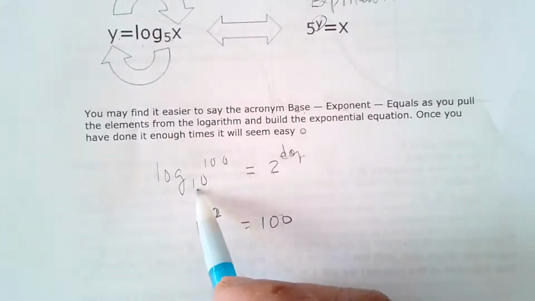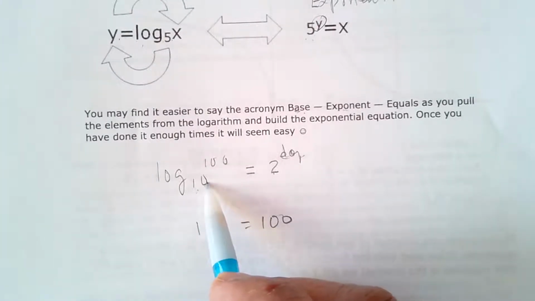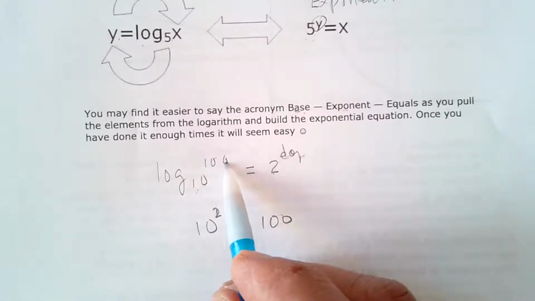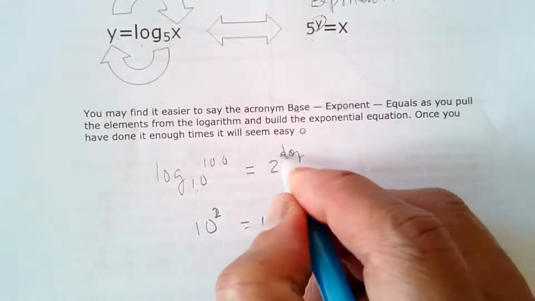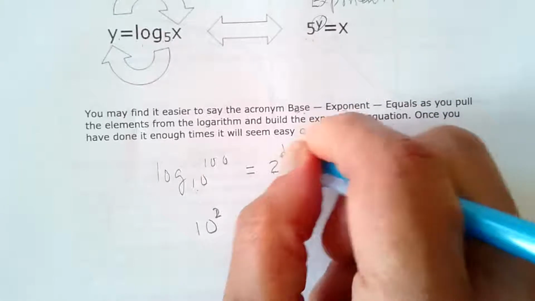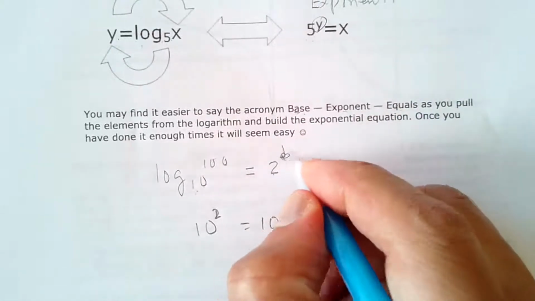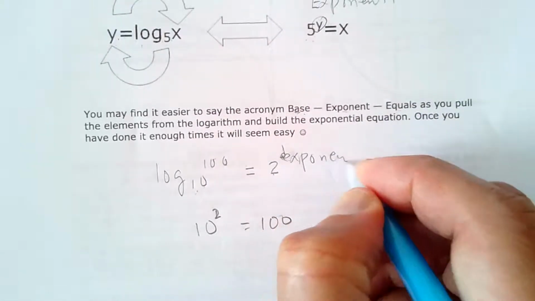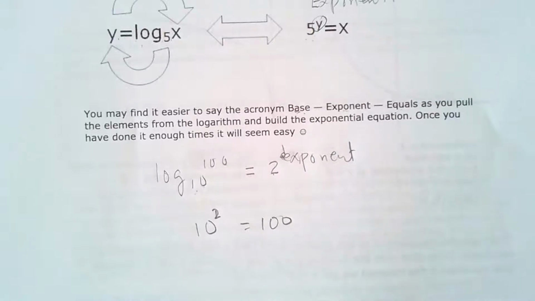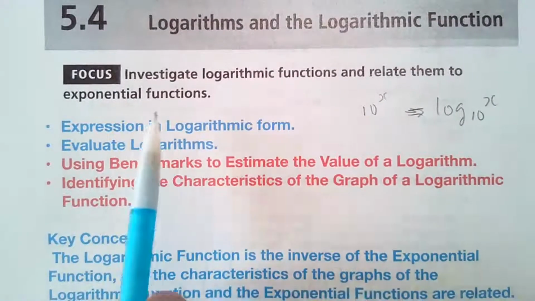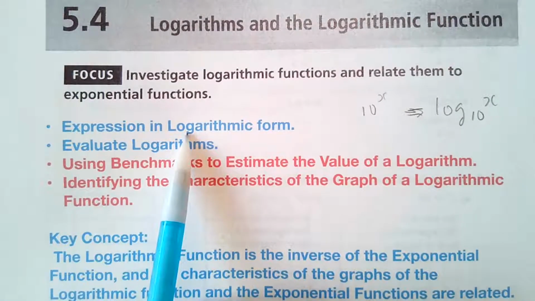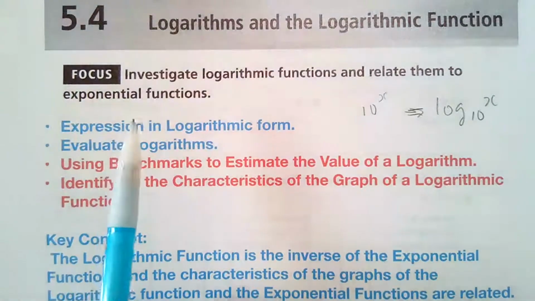It's asking how many times do you have to multiply 10 by itself to give you 100? The answer is 2. So that's the exponent. That's what we did in the previous lesson. We looked at writing expressions in log form and evaluating logs.